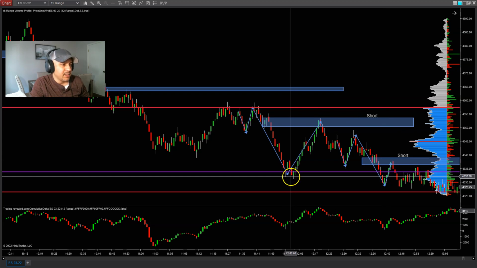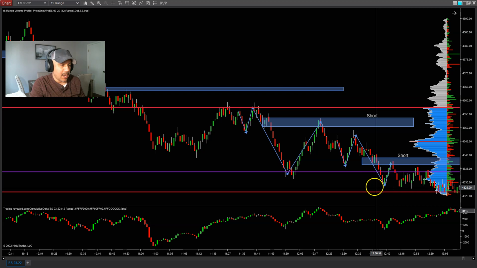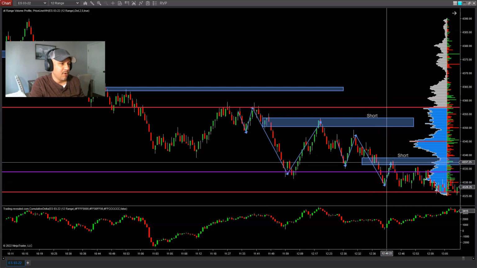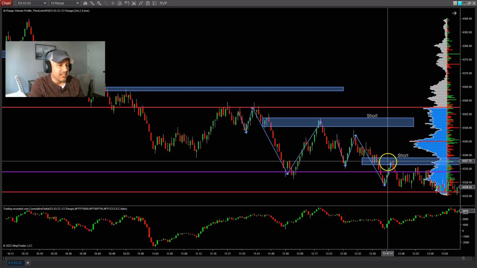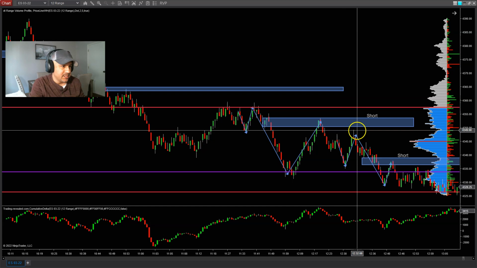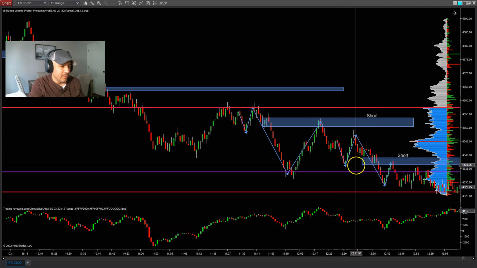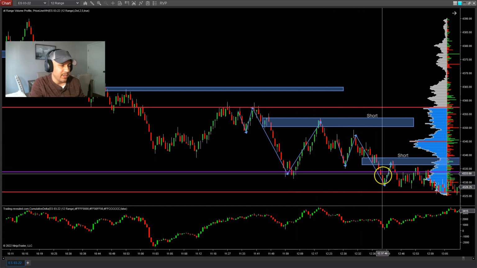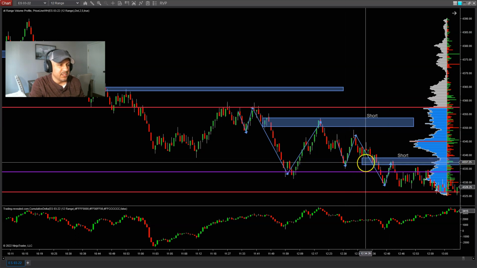So when price broke this low, I'm looking for price to pull back to an area of supporting resistance, and it does right here. It pulls back within this swing, which is a supporting swing within a larger swing. This is resistance within that swing.